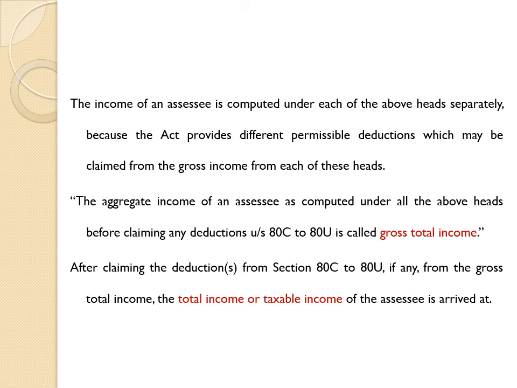Now we are concerned with total income. After claiming the deductions from section 80C to 80U, if any, from the gross total income, the total income or taxable income of the assessee is arrived at.